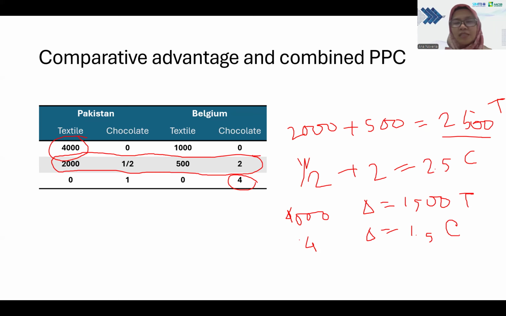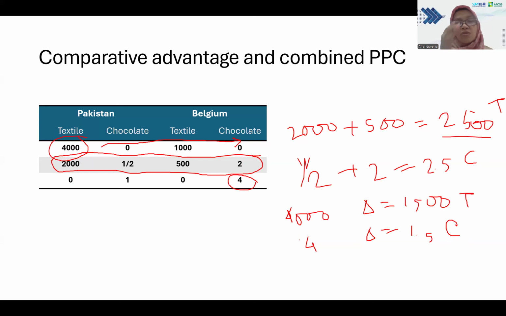So what happens is, let's say Pakistan only needs 2,000 yards of textile. So Pakistan is going to sell the 2,000 yards of textile to Belgium, and they're going to export to Belgium the 2,000.